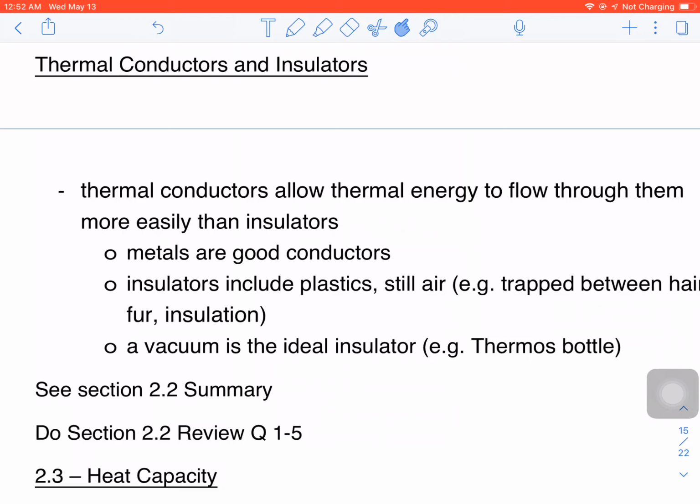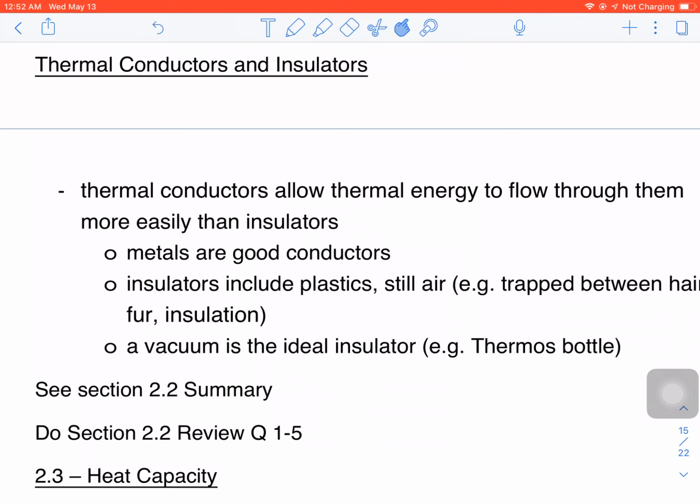So thermal energy will transfer, which is heat, in good conductors, and then insulators, a lot of them are synthetic materials, plastics, rubbers, things that do not allow for the conductivity of thermal energy very well.